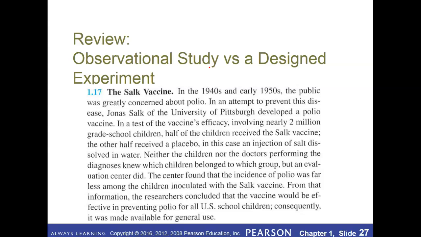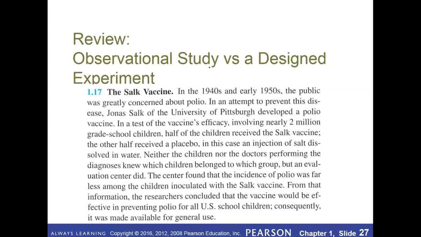All right, so one more here. The Salk vaccine, a very popular vaccine. In the 1940s and 50s, the public was greatly concerned about polio. In an attempt to prevent this disease, Jonas Salk of the University of Pittsburgh developed a polio vaccine. In a test of the vaccine's efficacy involving nearly 2 million grade school children, half of the children received the Salk vaccine and the other half received a placebo. In this case, an injection of salt dissolved in water was used.